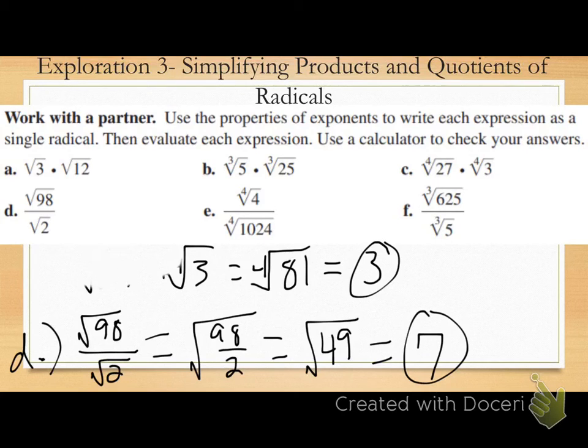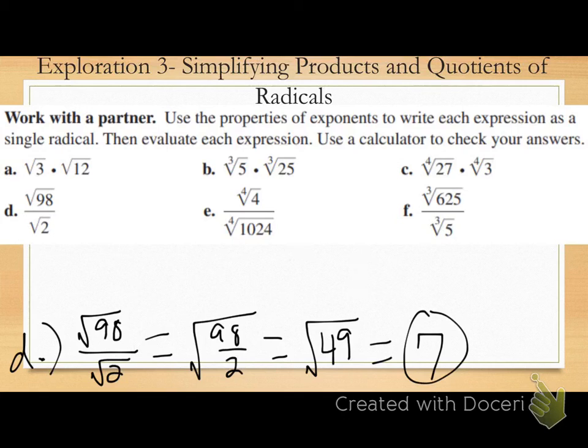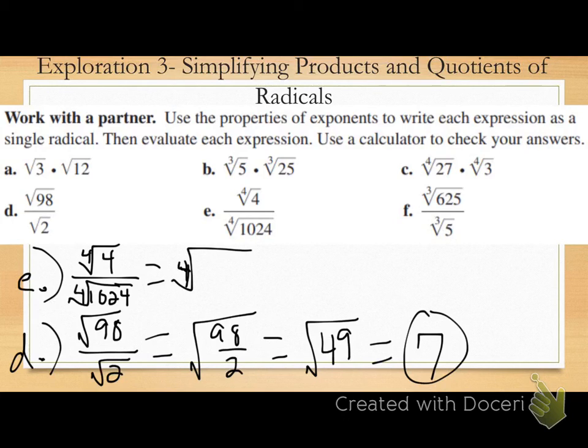Letter E. Fourth root of 4 over the 4th root of 1024. Once again, we're dividing with the same root, so we can put them under one radical.